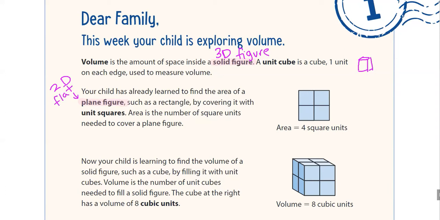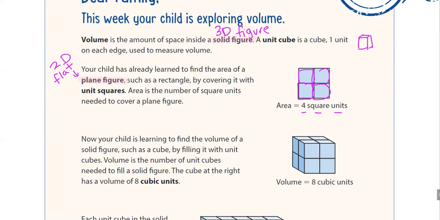That's what a plane figure is. Such as a rectangle. You learn how to find the area of a plane figure, such as a rectangle, by covering it with unit squares. So you have a rectangle, and you just went 1, 2, 3, 4. It's 4 square units.